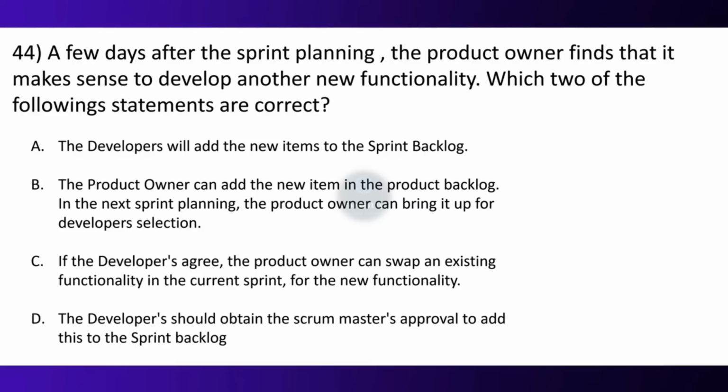In the next sprint planning, the product owner can bring it up for developers' selection. Option C. If the developers agree, the product owner can swap an existing functionality in the current sprint for the new functionality. Option D. The developers should obtain the Scrum Master's approval to add this to the sprint backlog. And the correct options are B and C.